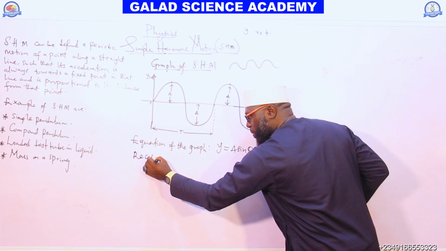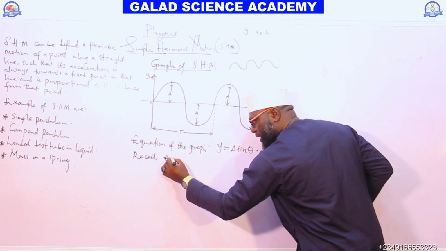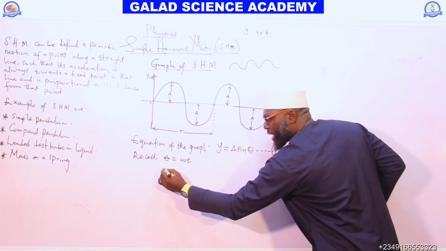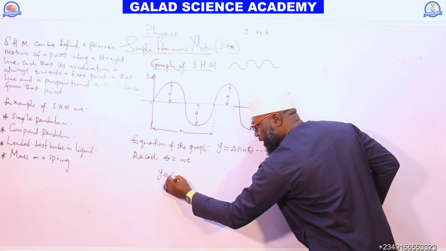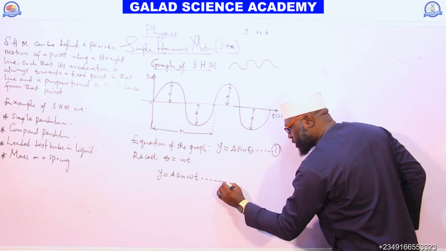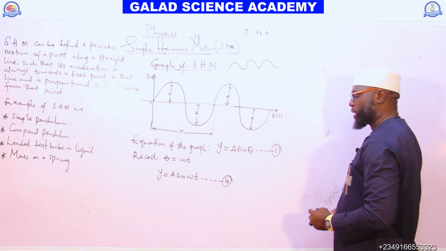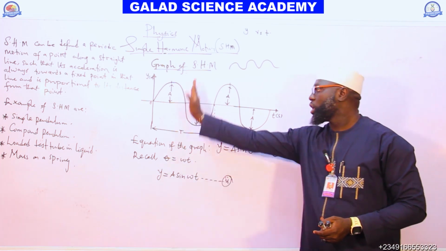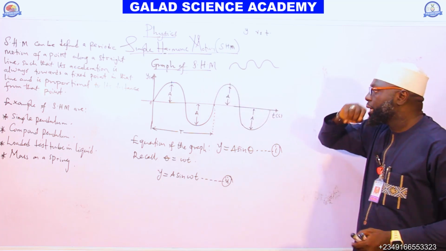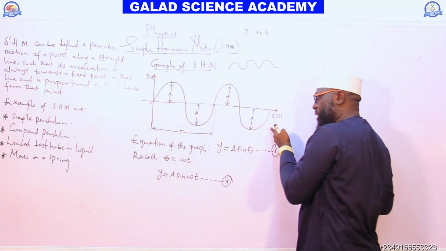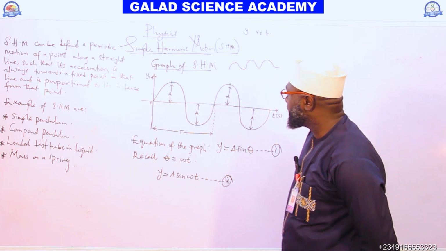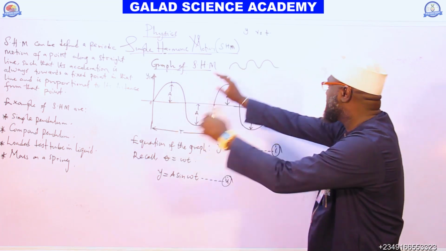Recall that theta is omega t. Substituting for theta here, we have y equals A sin omega t. This is the equation of the graph, and we obtain this graph from distance against time.